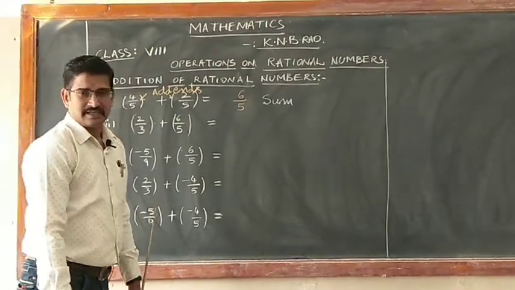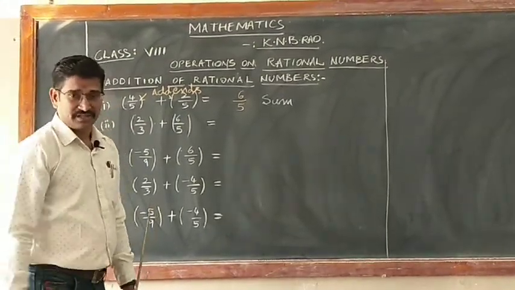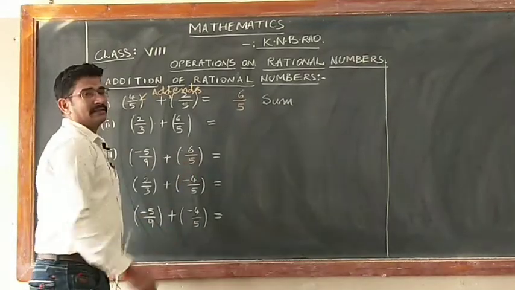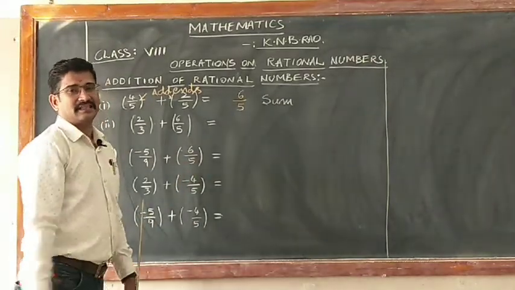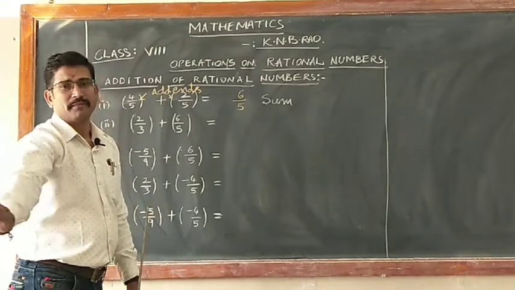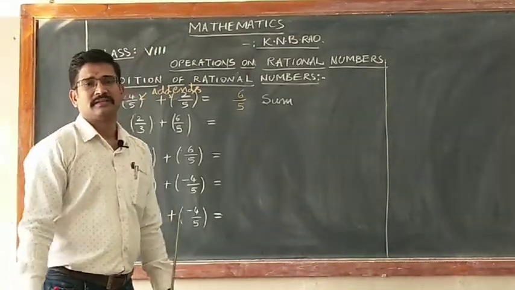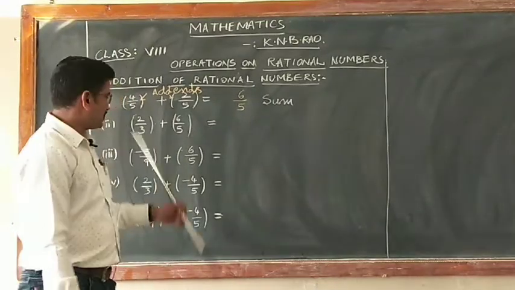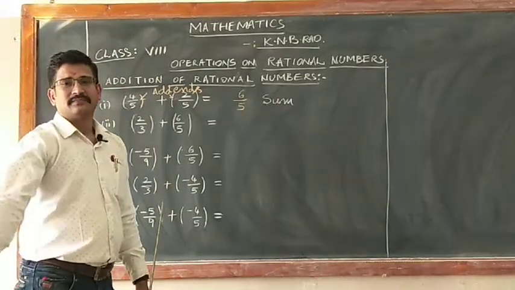How to add the sum of two rational numbers with the same denominator, I mentioned in the last session. Let me quickly recollect the sum of the rest of the 4 examples.